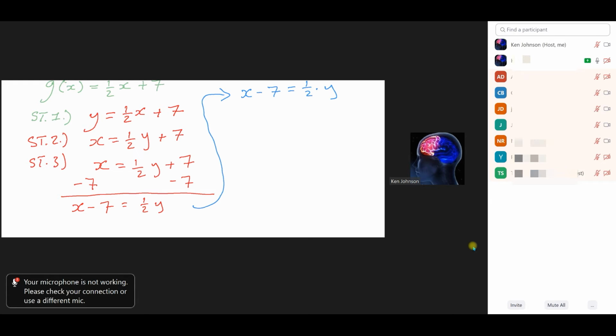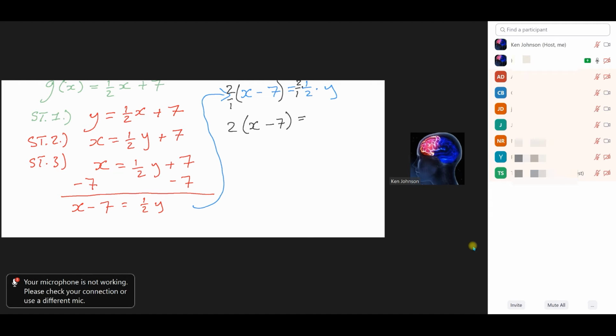Remember when we solved equations, we worked on a similar problem. And so what we need to do here is multiply by 2 over 1. Right? So we're multiplying the entire side by 2 over 1, which is 2. So here you will have 2 times x minus 7.